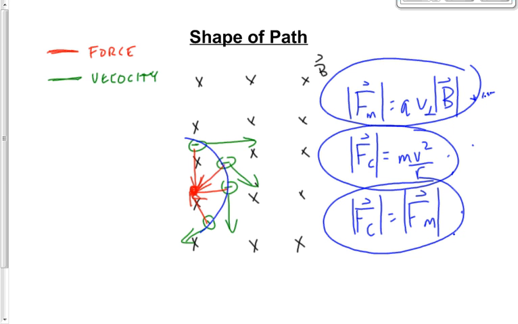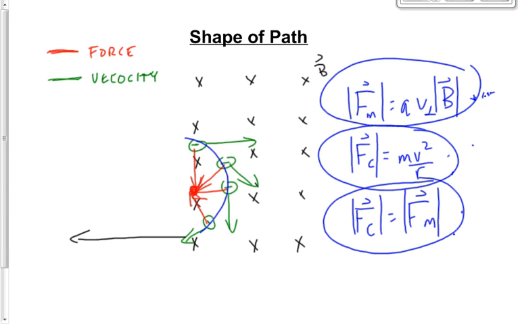When a charged particle moves in a magnetic field, its path will always be circular. Now, you can see here that this charged particle looks like it leaves the magnetic field, and when it leaves the magnetic field, it's going to go off in a straight line. It didn't follow a complete circle, but while it was in the magnetic field, it was a circular path.